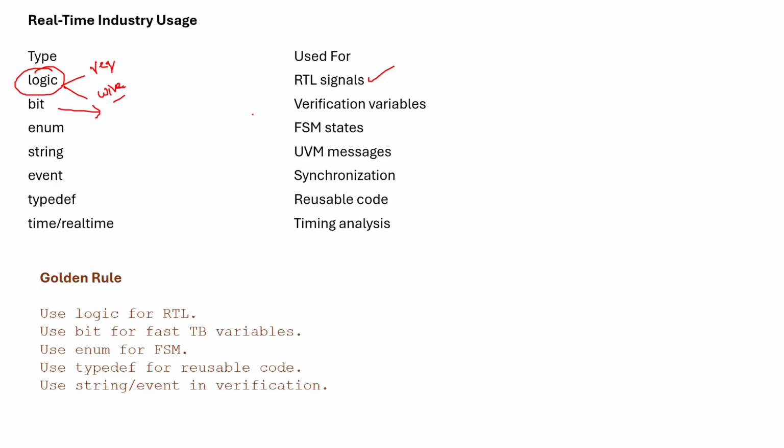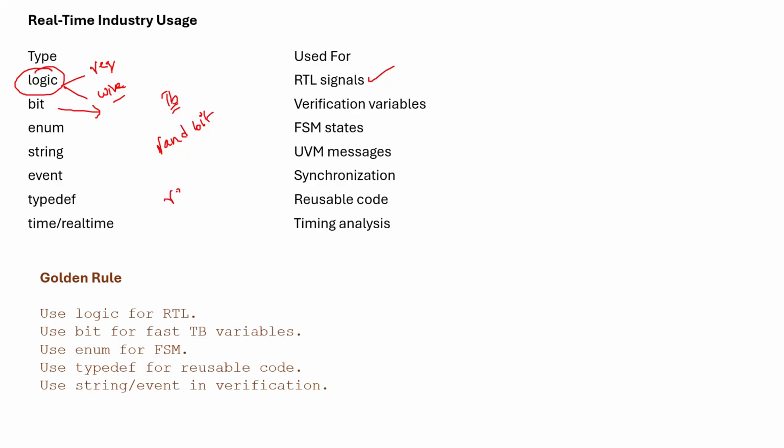And then bit. Bit is used most of the time for verification variables, because bit is used for fastest verification. In your test bench, which is used for verification, most of the time they are using rand bit.